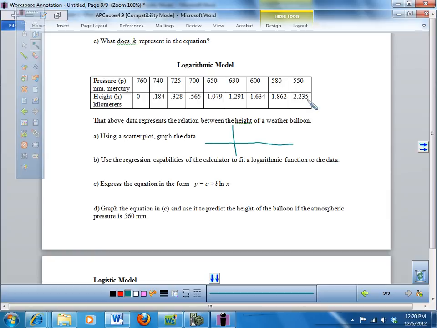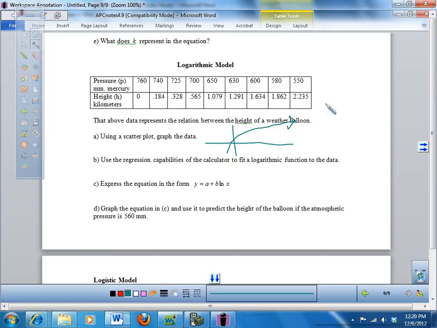Usually when you have that, you want to use an inverse exponential function, in other words a logarithmic function. If you graph this, you will get something that looks kind of like a pushed over logarithmic model.